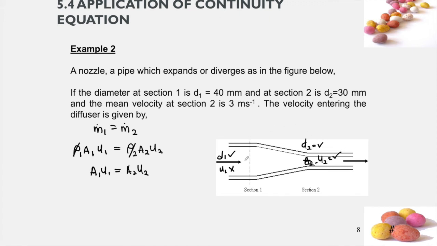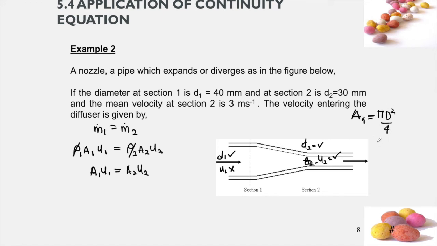Therefore, we need to substitute these values into this equation. To find the area at 1, we have to use pi d squared over 4. If you want to use the equation for area by using the radius, it is okay, but you have to calculate it separately.